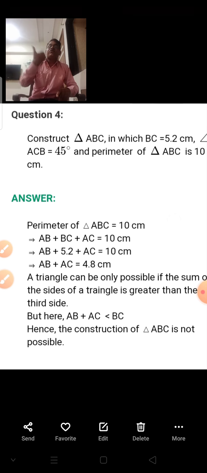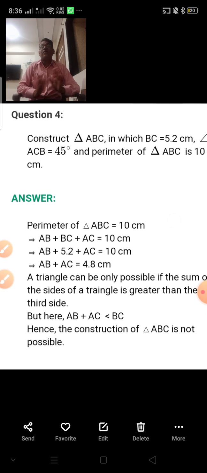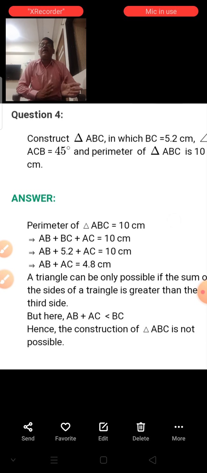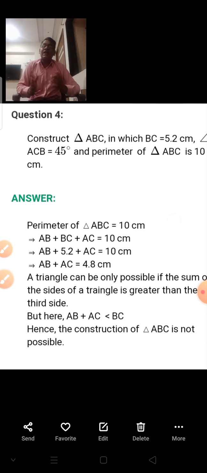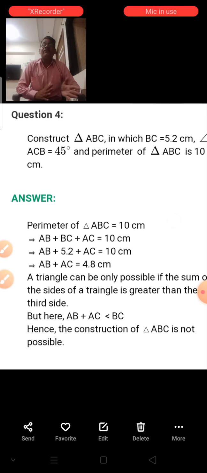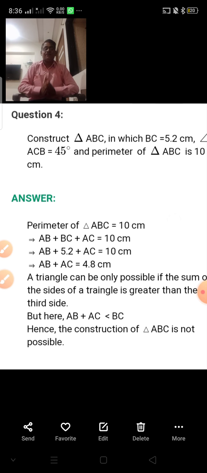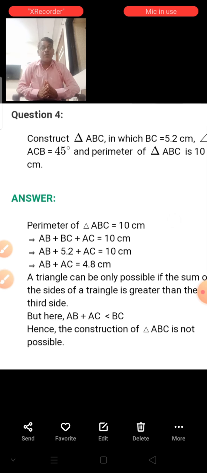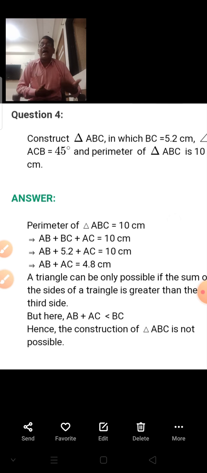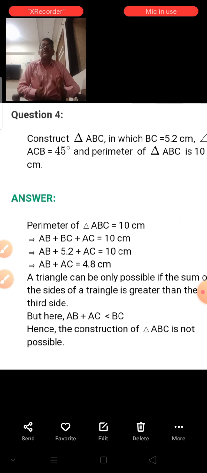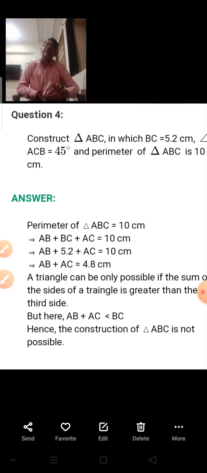Oral MCQs are there, but this assignment is for internal assessment. Your daily assignments are different, and today's assignment is also different from that. So you have to make this assignment separately and keep it with you. Whenever your algebra teacher or geometry teacher asks you to submit today's assignment, then only you can submit, because this is for internal assessment.